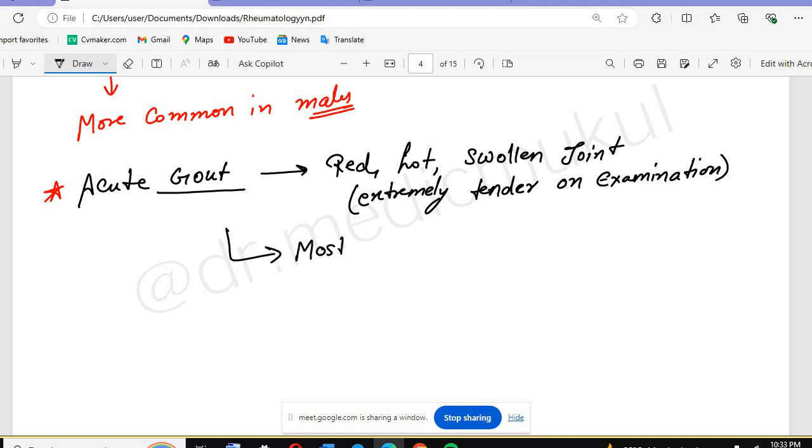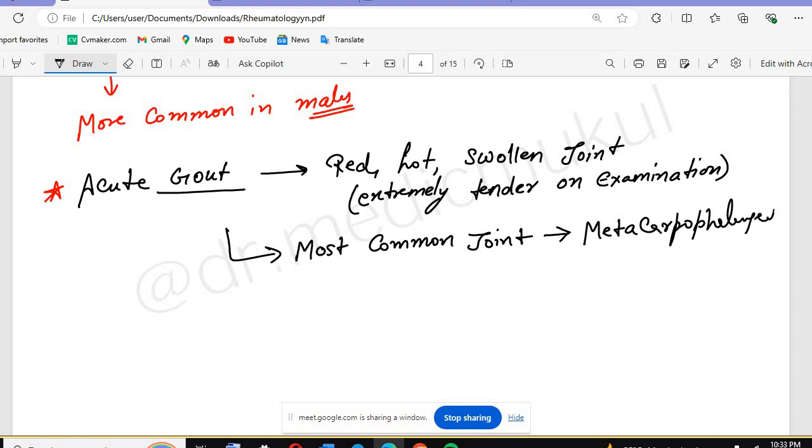That is the metacarpophalangeal joint, the MCP joint. So what we have discussed in acute gout is that the patient will feel a red, hot, swollen joint, and on examination there will be extreme tenderness. Tenderness means some hardness of the joint would be there. And the most common joint affected in acute gout is the MCP joint.